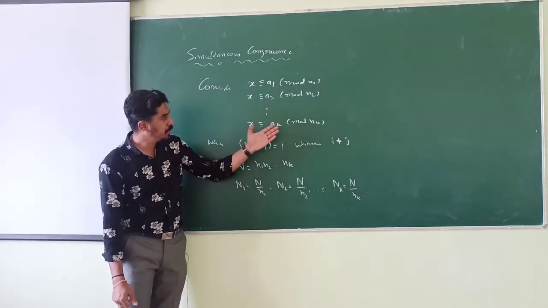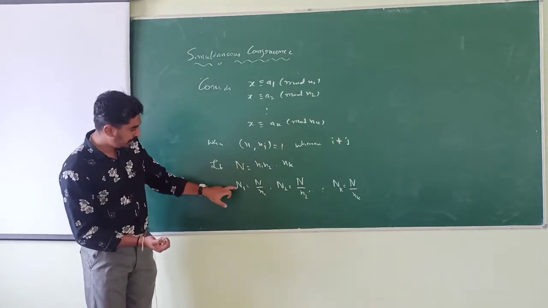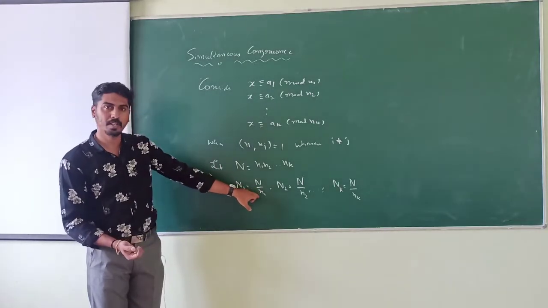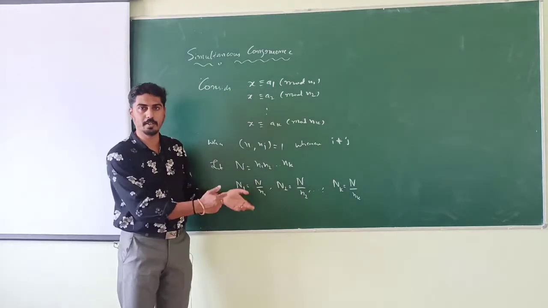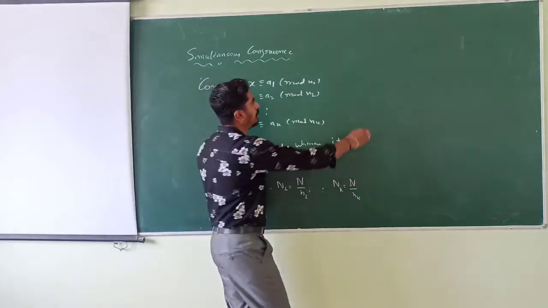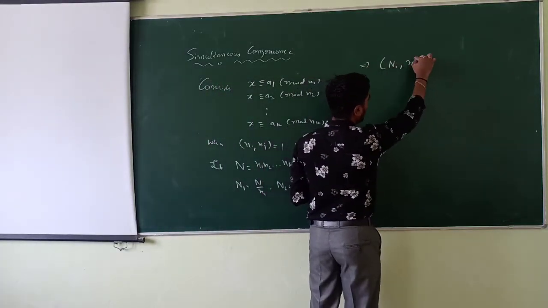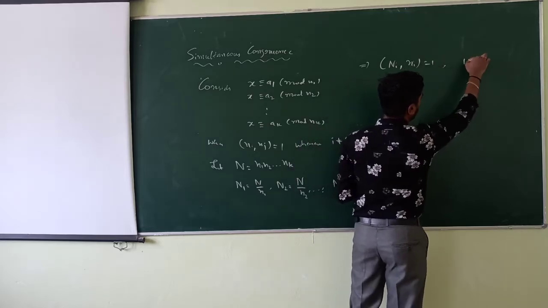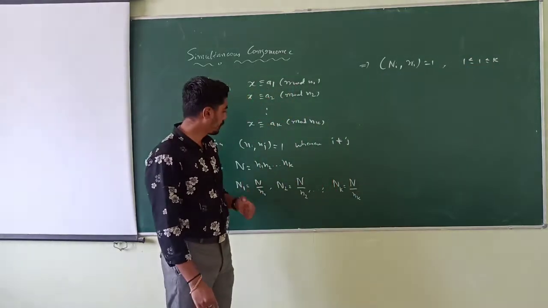We know that n1, n2, nk are all mutually relatively prime. Therefore, capital N1 and small n1 are relatively prime. Similarly, capital N2 and small n2 are relatively prime, and so on. That is, the GCD of capital Ni and small ni is 1 for i between 1 and k.